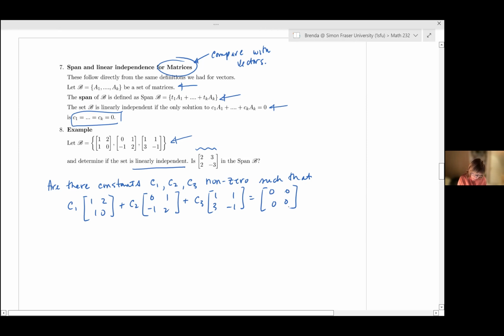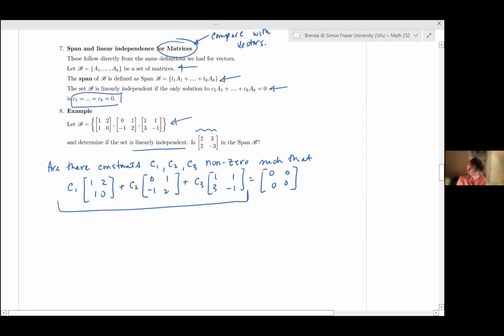Okay, the next step is to take this and perform this operation. We're going to add those three matrices together, and recall that when we do scalar multiplication, the scalar is multiplied into all four entries, and then we add together. Our first entry here is going to be C1 plus C3.